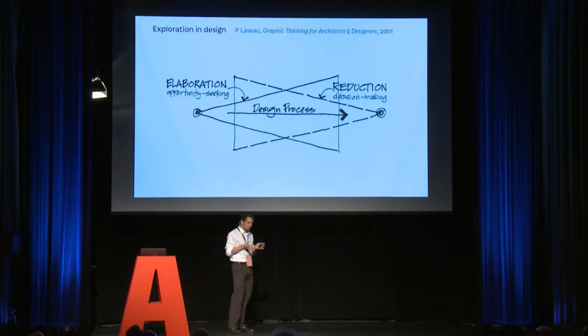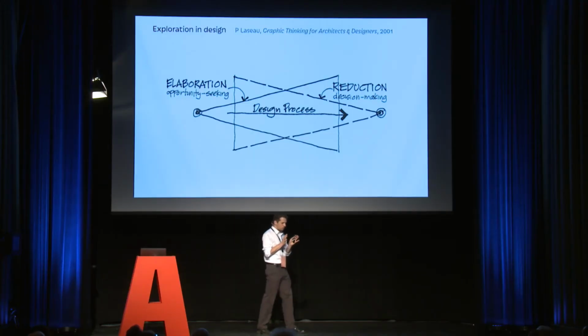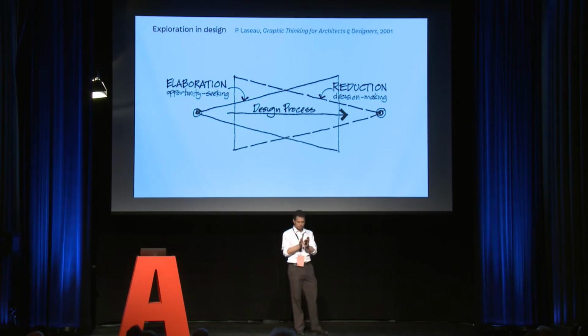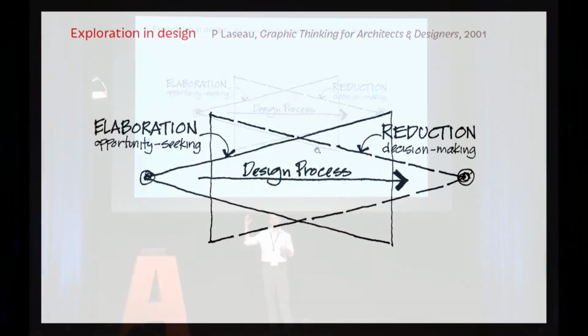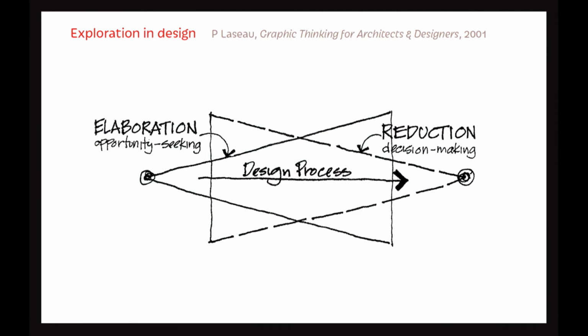And I think if you're only limited to the Bezier curve in the font editor, in that particular paradigm, then you're only allowed to come up with a range of ideas that are compatible with that tool. So here's one description of the design process in which you have this elaboration phase in which you try to generate as many ideas as possible, a very wide range, and then you reduce them later.